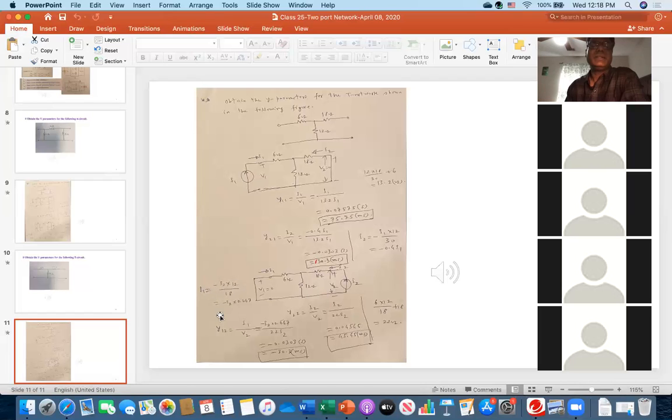So finally you are getting I1 equal to minus I2 multiplied by 0.667. This number you plug in here in the Y12 equation. Finally you are getting minus 30.3 millisiemens. And that's all. You calculated all those four parameters, Y11 and Y21, Y12 and Y22.